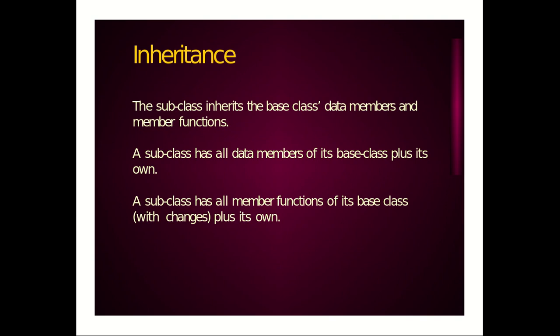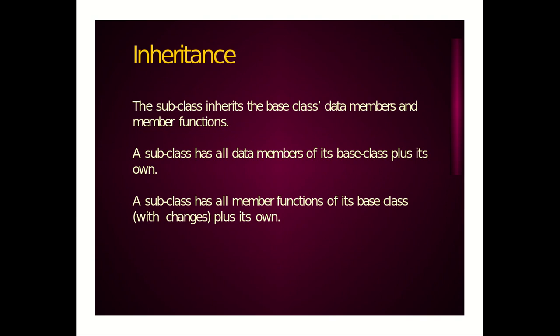Subclasses have all the data members of their base class plus some additional properties of their own, and all the member functions of the base class plus additional methods of their own. That means inheritance is used to provide the reusability feature of the programming language. We can use existing classes and add some functionality to them using the inheritance feature of object oriented programming.